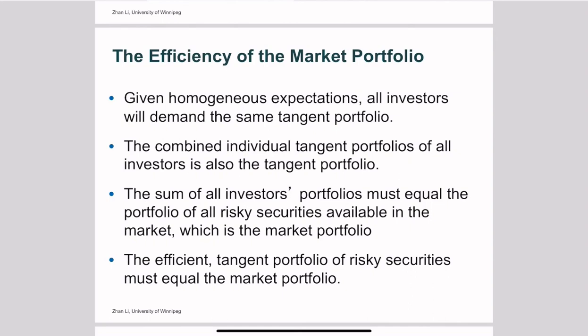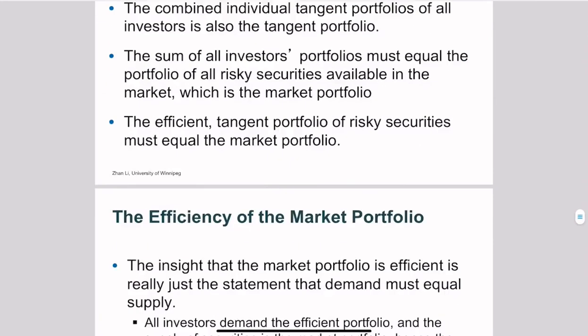This means if we combine all investors' portfolios, then this combined portfolio must be efficient. And what is this combined portfolio? Well, if you combine all investors' portfolios, then this combination is just the market portfolio. So if the combined portfolio is efficient, then the market portfolio has to be efficient, right?